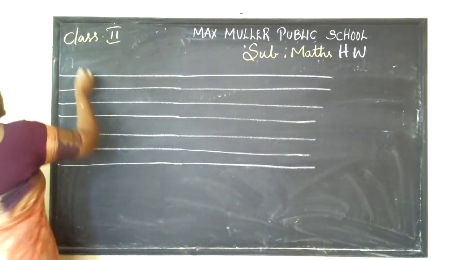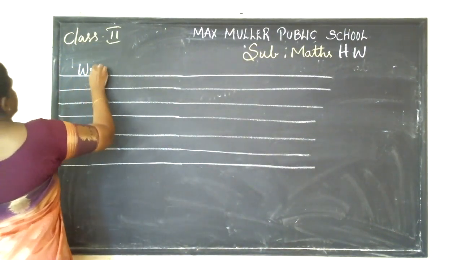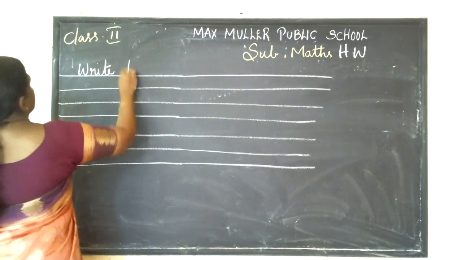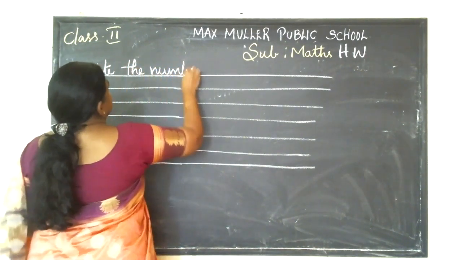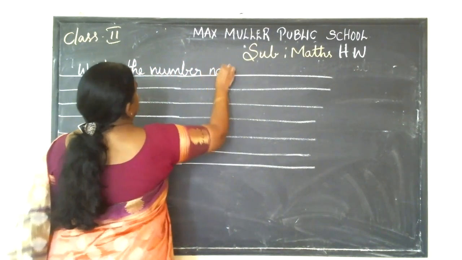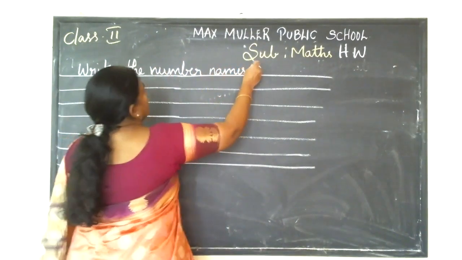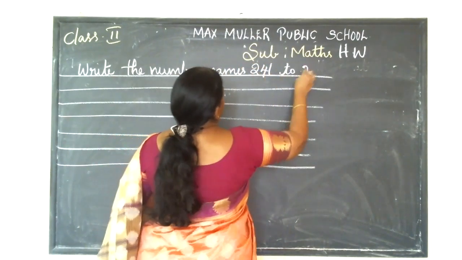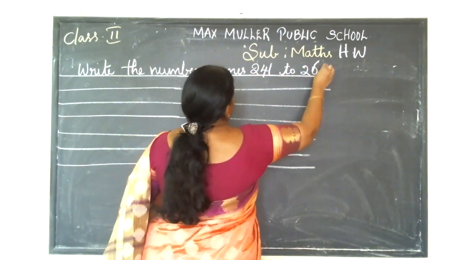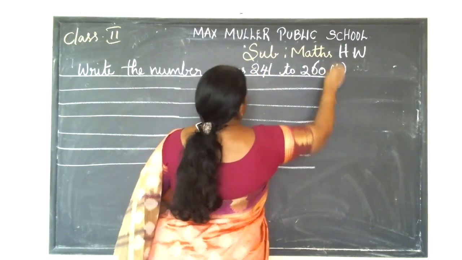Write the number names. First line you write the number names, 241 to 260, one time. How many times?